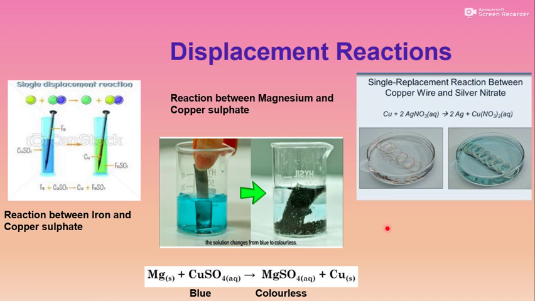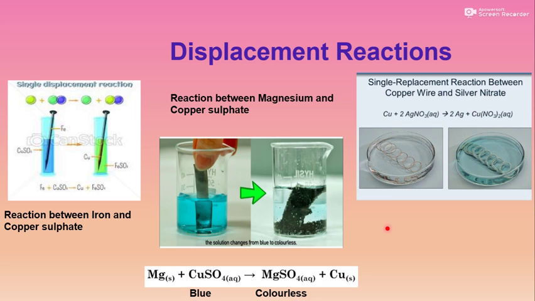There are two test tubes or beakers. One contains copper sulfate, meaning copper metal. Another contains iron sulfate, meaning iron metal. In the copper sulfate solution, an iron nail is dipped. In the iron sulfate solution, a copper nail is dipped. So here is a reaction of copper sulfate with iron, and here is a reaction of iron sulfate with copper.